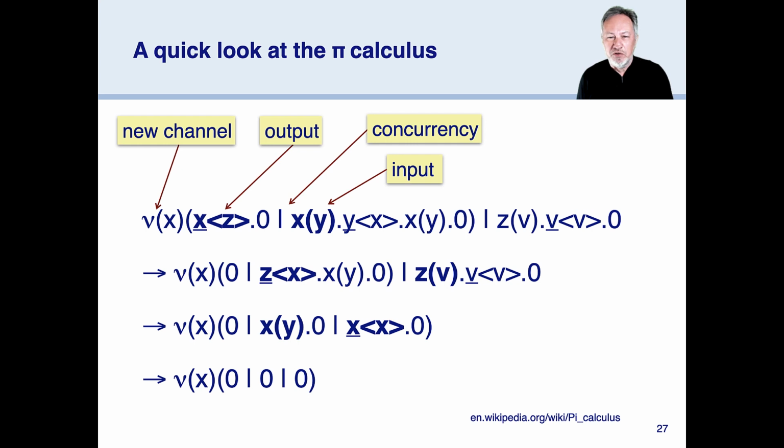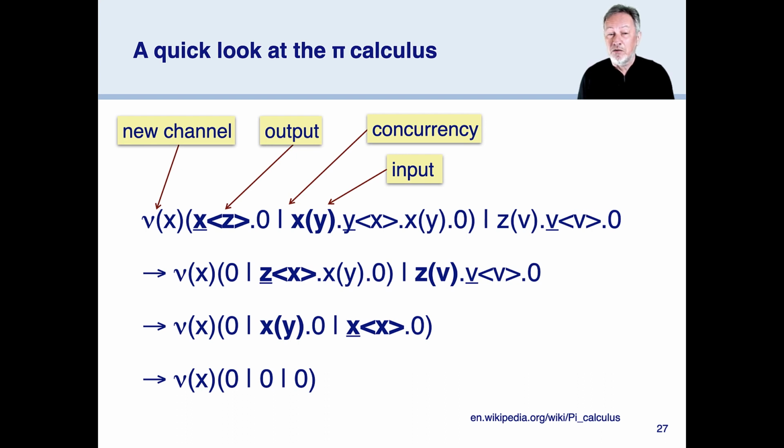I just want you to appreciate the fact that there's a new concept that's being modeled here, which is called a channel. So here we have channels, so x is a channel, and you can send along a channel a value as output or receive as input. The receiving as input is like a lambda, except now we have many lambdas.